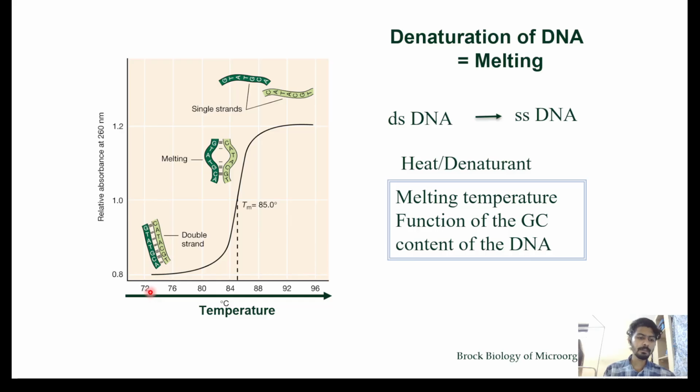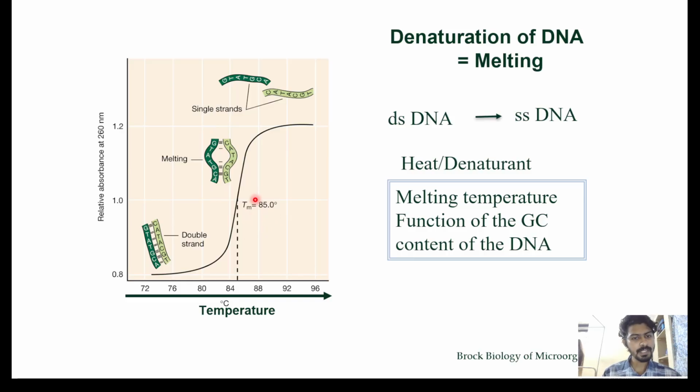As we increase the temperature, at one particular point, which we call the melting temperature, you could see the A and T bonds break while the GC is still intact. We call this Tm, which is the melting temperature.